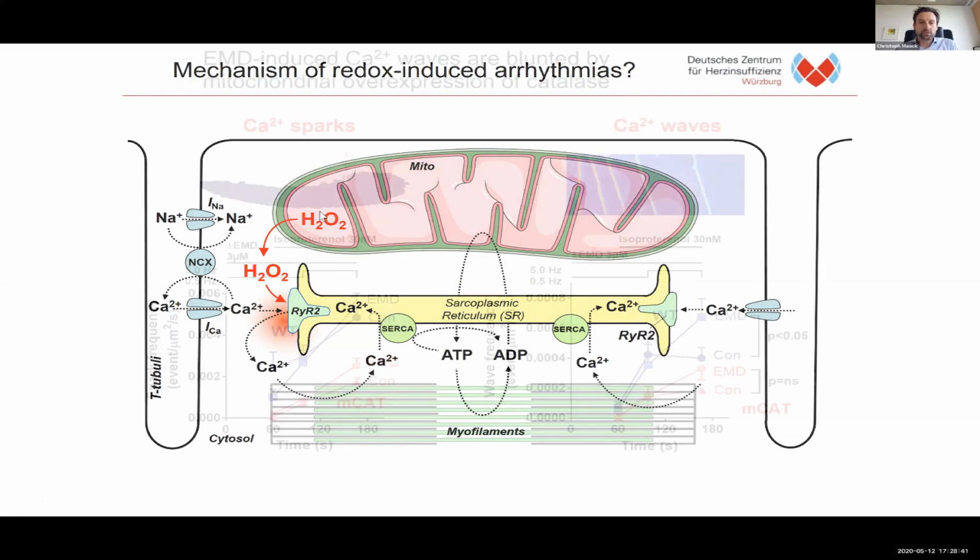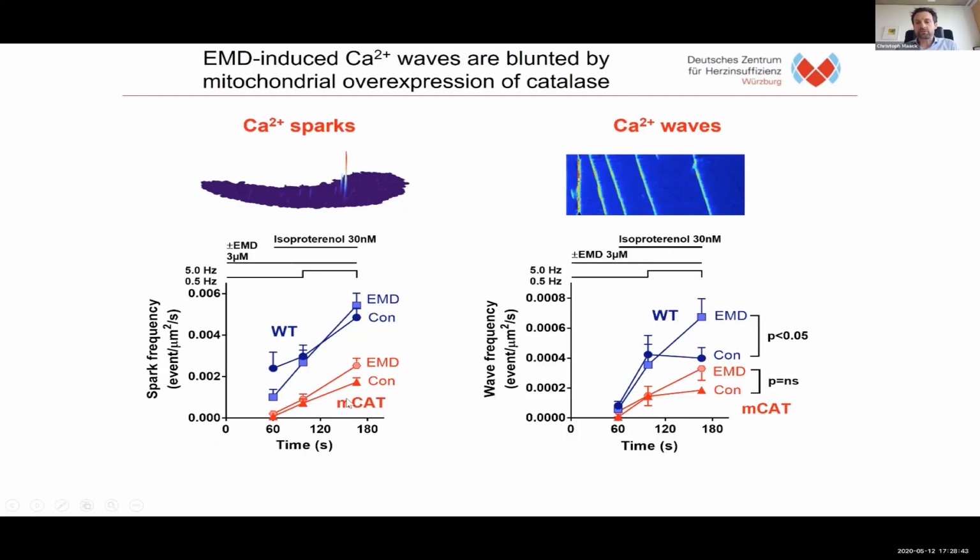So what we did is we took again this MCAT overexpressor mouse, compared it to the littermate wild types, and then again performed a stress protocol with EMD plus the additional isoproterenol stress, and then counted the calcium sparks and calcium waves. And these are experiments we did still back in Hamburg together with Peter Lipp.